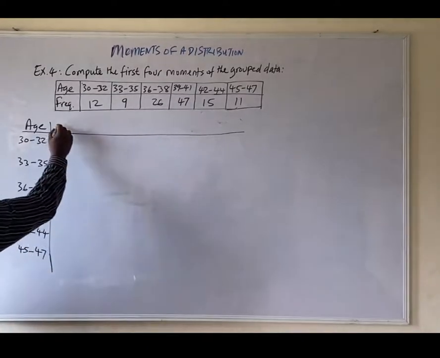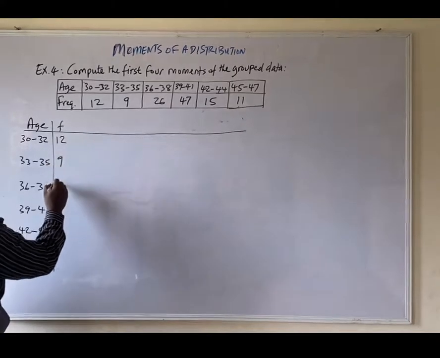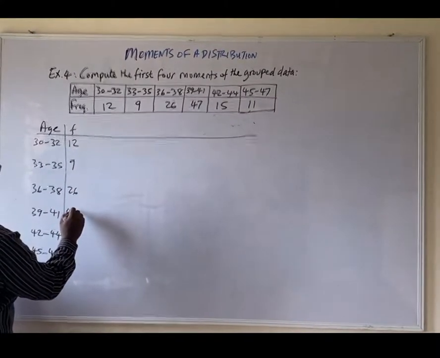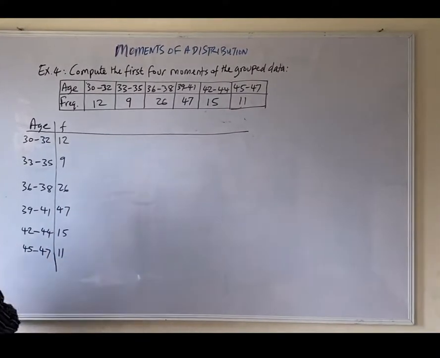We now write our frequency, giving us 12, 9, 26, 14, 7, 15, and 11.